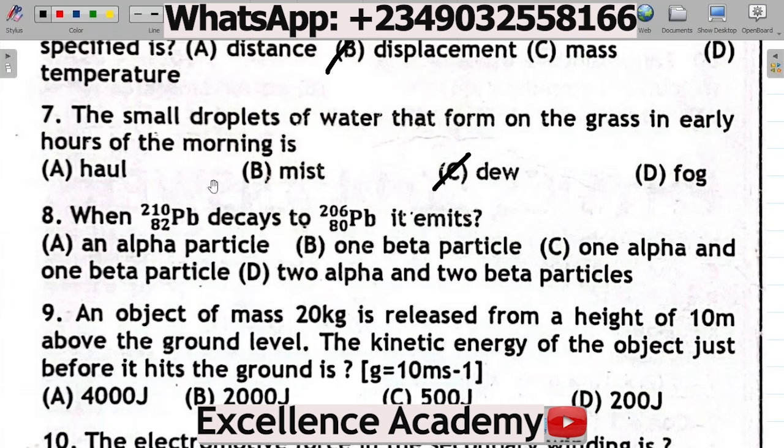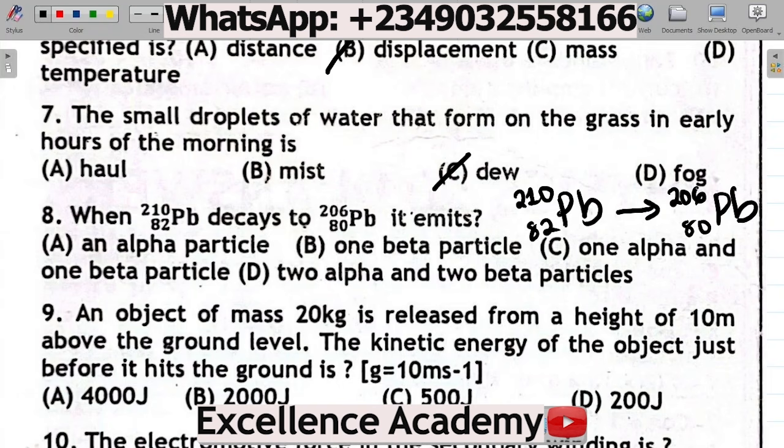Now, if I compare this Pb lead 210, and then you have 82 here, to what we have as a final product, which is Pb, same lead, but this is now 206, and you have here as 80. What do you observe?